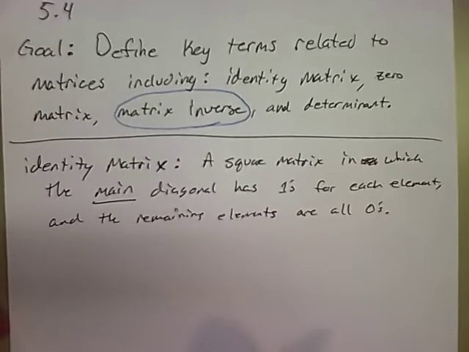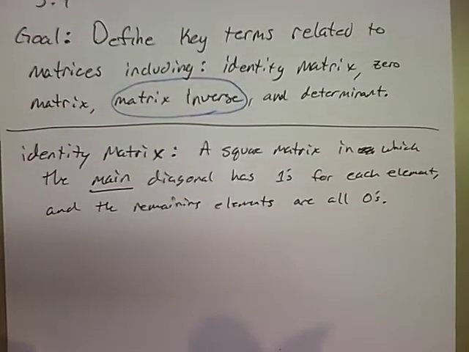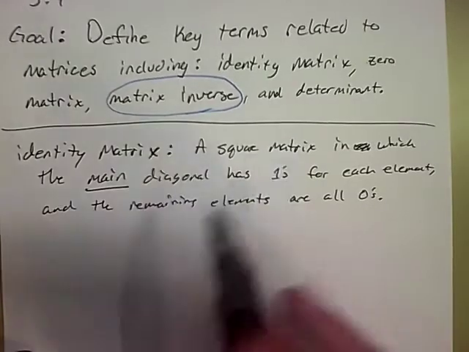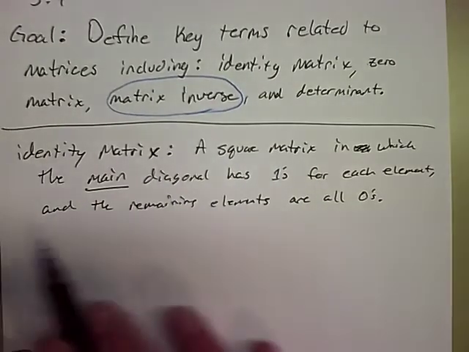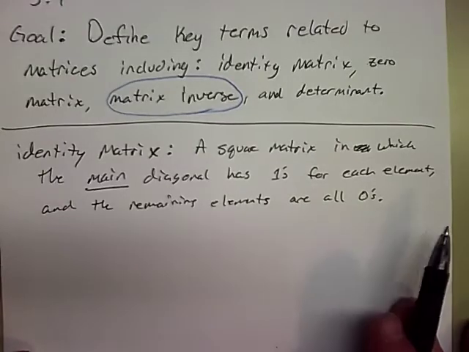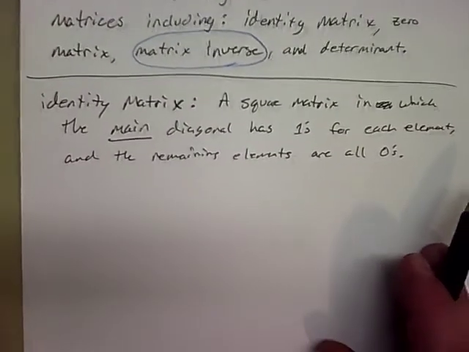Whoa, okay. What are you saying here? So first of all, it has to be a square matrix. Second of all, the main diagonal has ones, and then all of the rest of them are zeros. Okay, let's go through a couple of examples here.